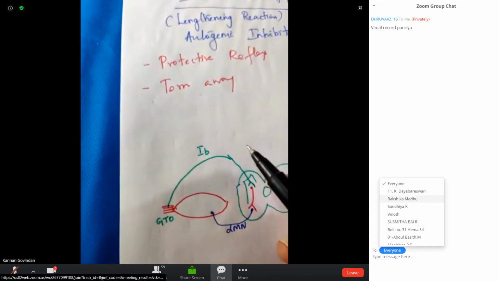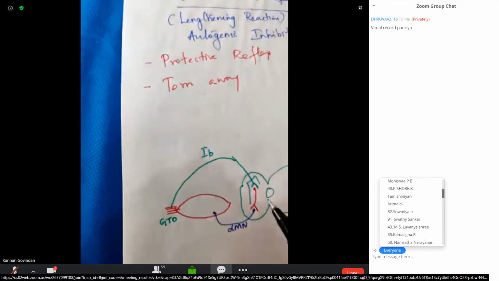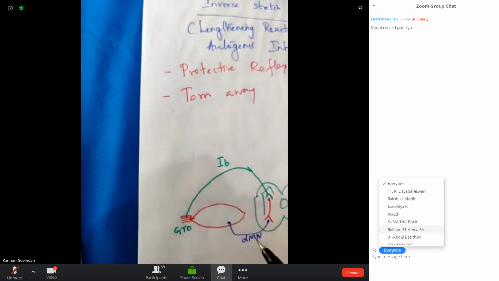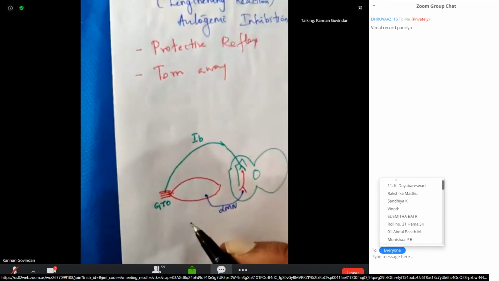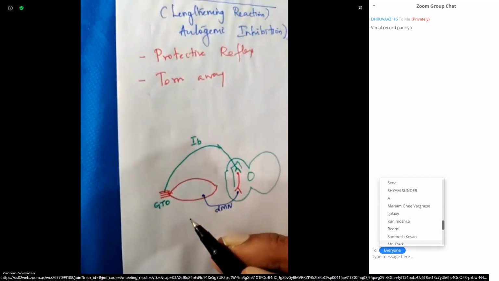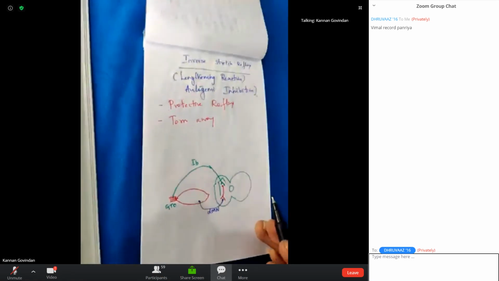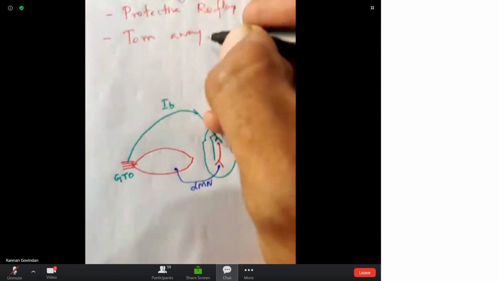Type 1B fibers will go and end on an inhibitory interneuron in spinal cord. This inhibitory interneuron will inhibit the alpha motor neuron. With inhibition of alpha motor neuron, the muscle goes for relaxation. As the muscle goes for relaxation, the muscle length increases. Lengthening reaction. Muscle relaxes.